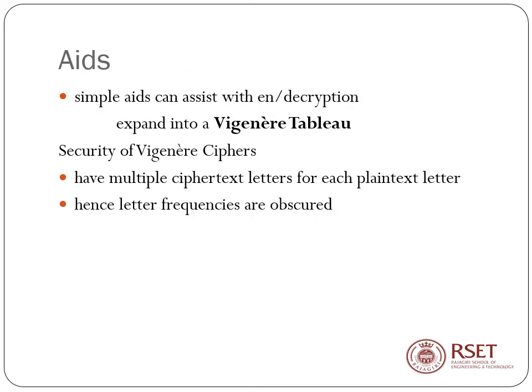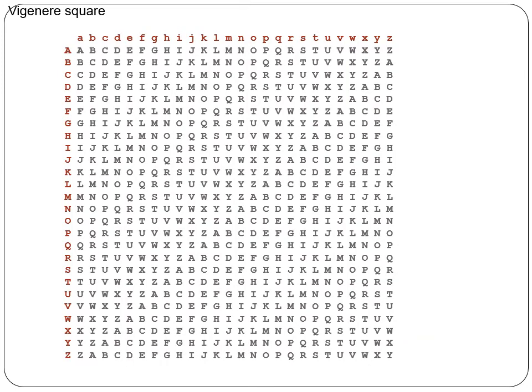And there were some aids to help in this Vigenere cipher. Somewhere you can see something called a Vigenere square. Basically it is like this. Don't worry if I write this in capital and this in small, it doesn't have any meaning difference. So what you could see here is, if you have a plain text character A and a key R, it will be substituted with the letter R. It is equivalent to taking the value of A, adding it with R, taking mod 26, and you will get R itself.